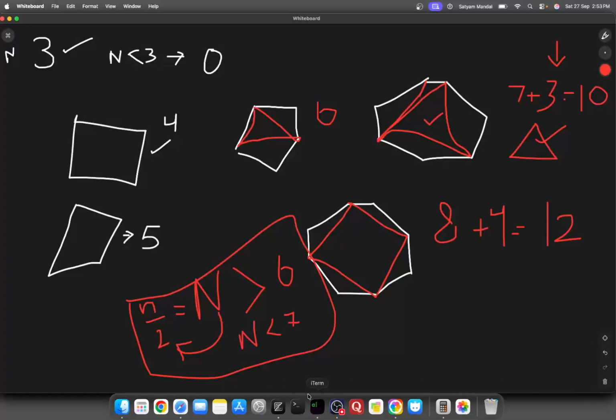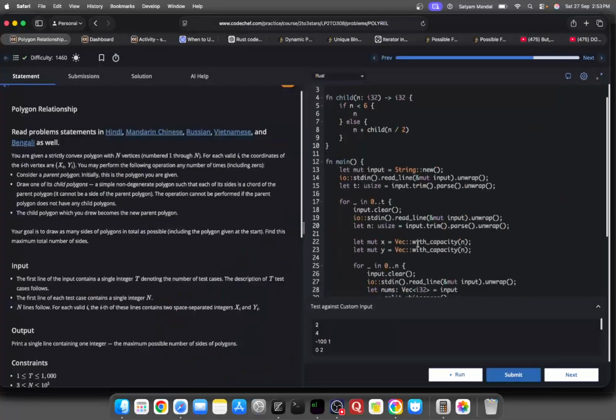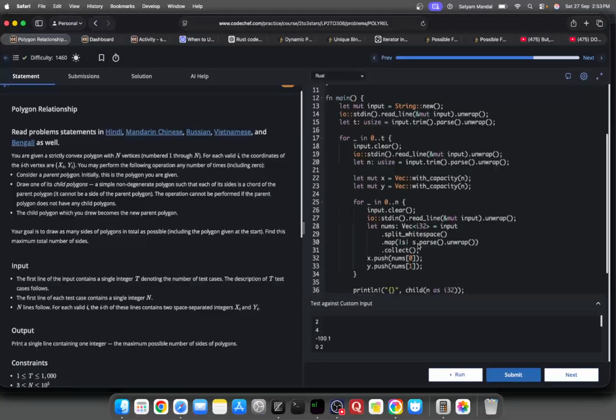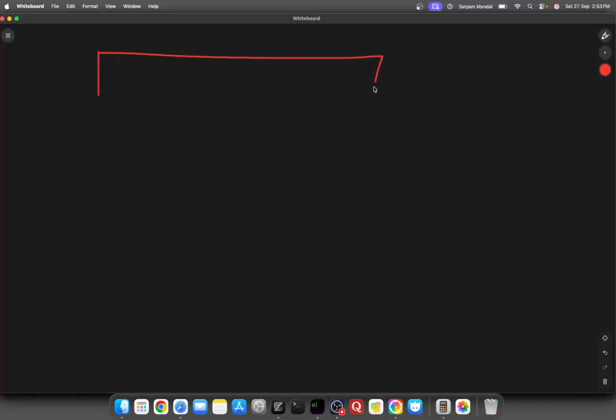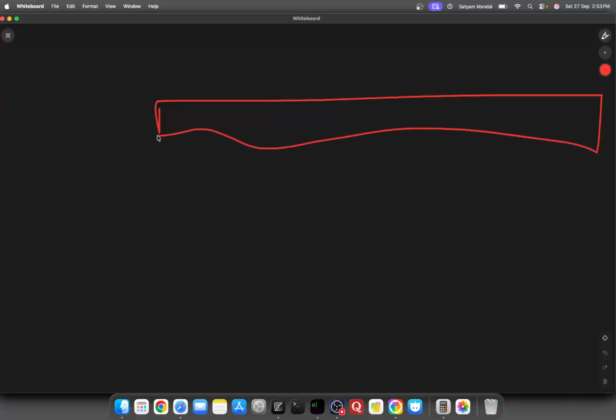So I already did this, I'll show you. One more thing I want to discuss here: I created an array which is pre-computed, and I store all the values. If I have 1, then my answer is 1, and if I have 2, my answer is 2.